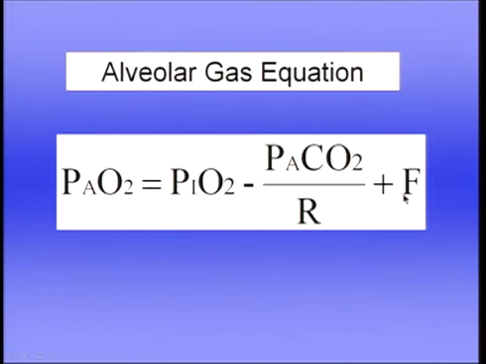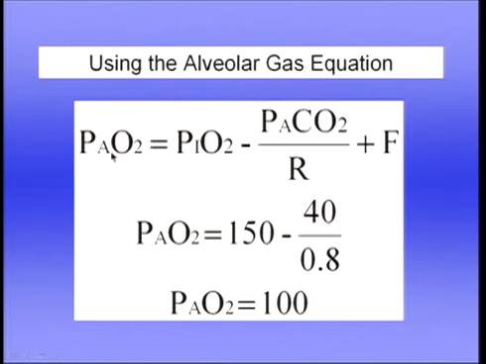So let's use this alveolar gas equation to calculate what the alveolar PO2 is under normal conditions. And here we have it. The alveolar gas equation, as we said, is the alveolar PO2 equal to the inspired value minus the PCO2 divided by R, with a small factor we're going to ignore.